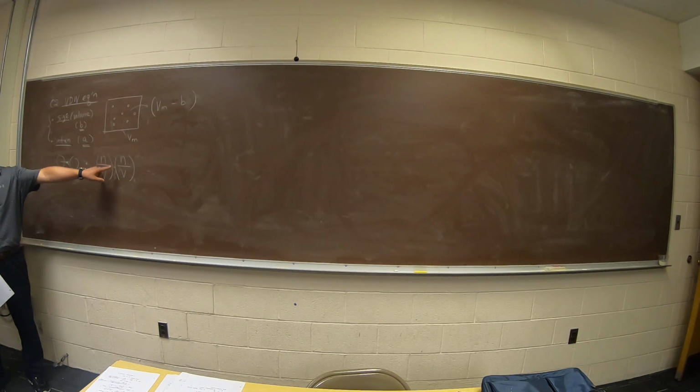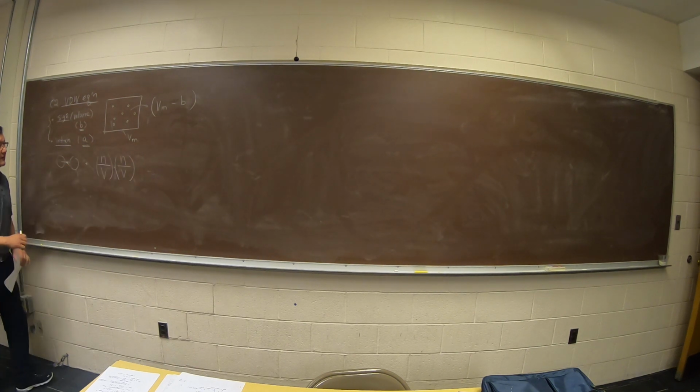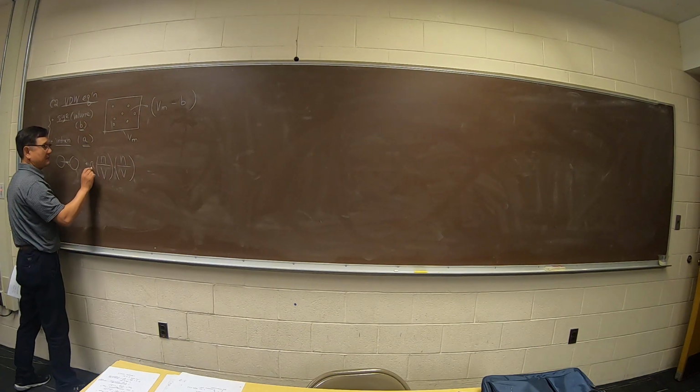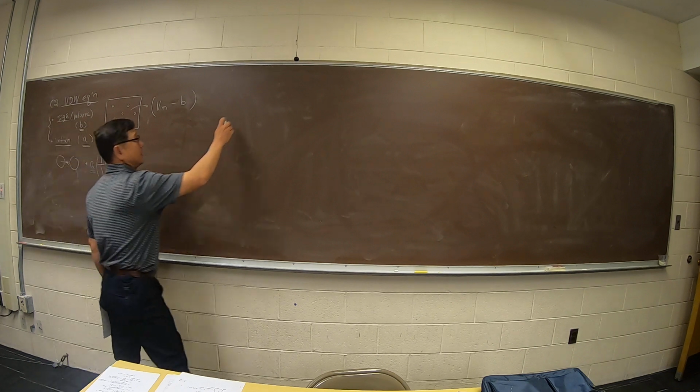So this is essentially collision probability, and then how effective they are. This is the correction term, and how these two come together comes from here.